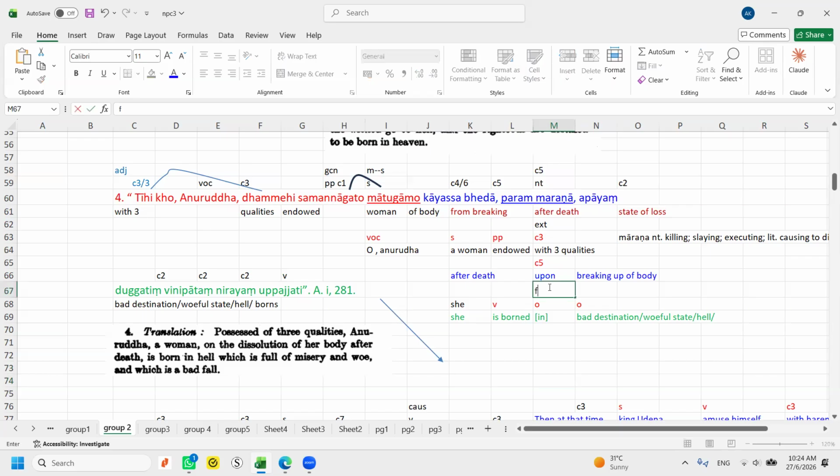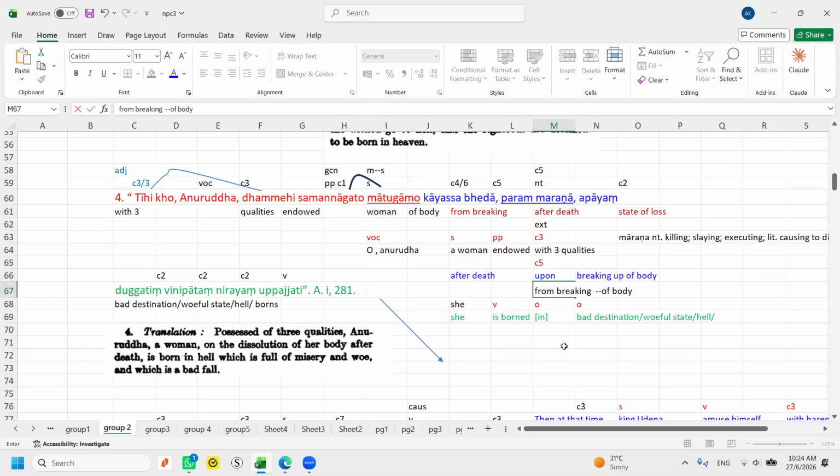Technically, it means from breaking, then followed by kayasa, of the body.